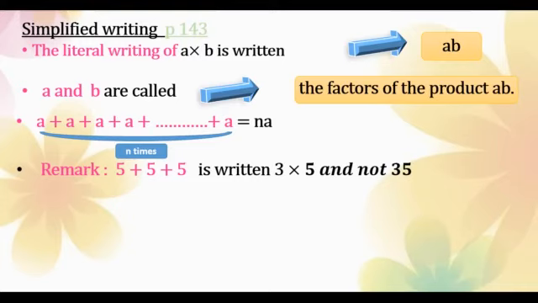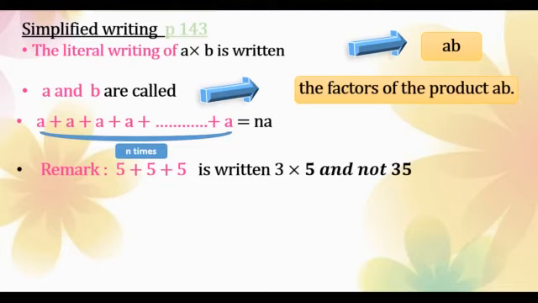We can write two unknowns beside each other and mean multiplication, yes. But for real numbers, known numbers, we have to write the multiplication sign between the two numbers to show that they are multiplying each other.